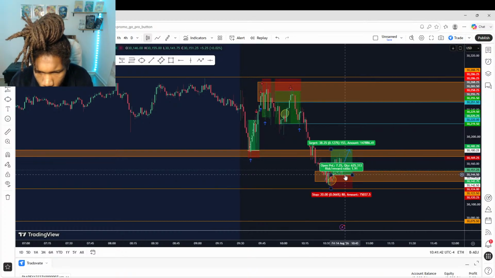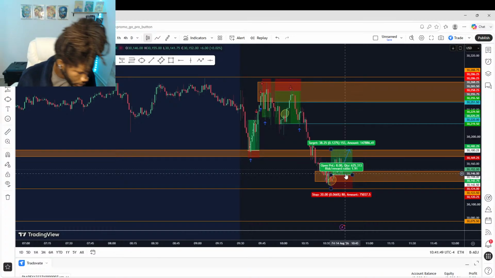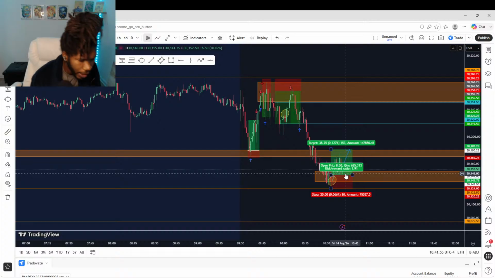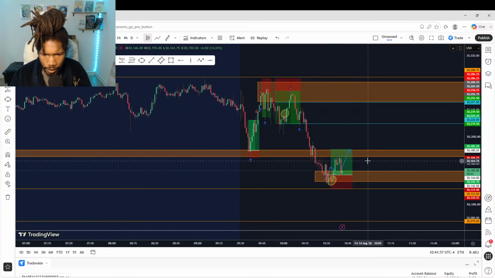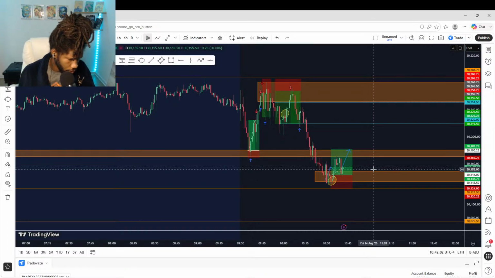My entry, when I entered the market, was down here at 144 like we've been talking about. But for some reason, it got me in at 149. I did not like that at all.